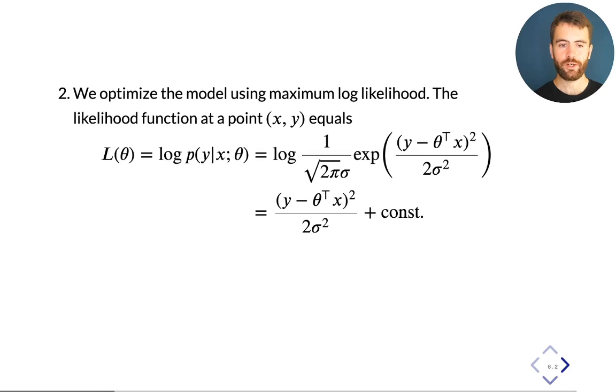Let's now define an objective. If we follow the probabilistic approach to machine learning, we know that a natural objective for a probabilistic model is maximum log likelihood, or in our case specifically conditional maximum log likelihood. So if we write the log likelihood function here, it will take the following form. This is the objective that we want to minimize if, again, we're minimizing the expected KL divergence between the data distribution and our model.